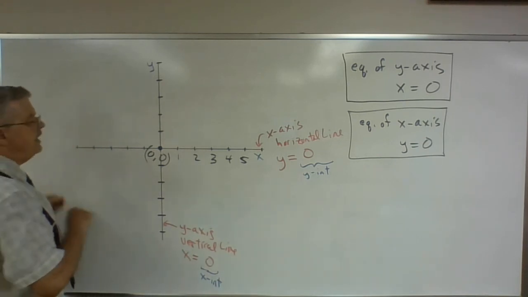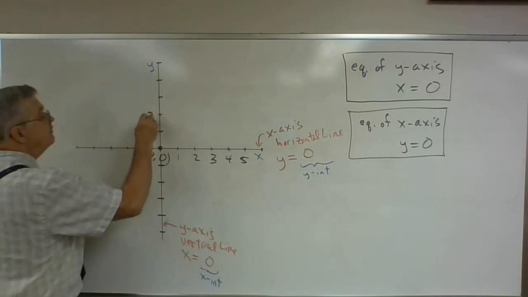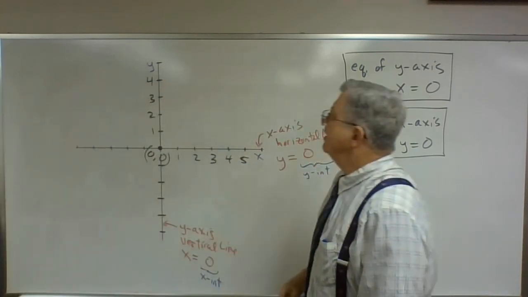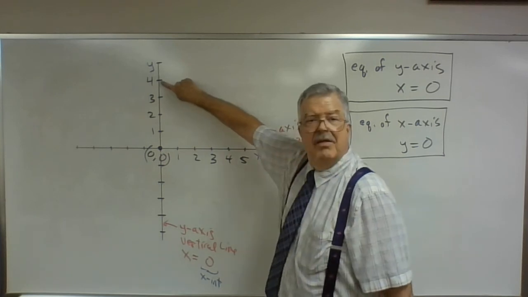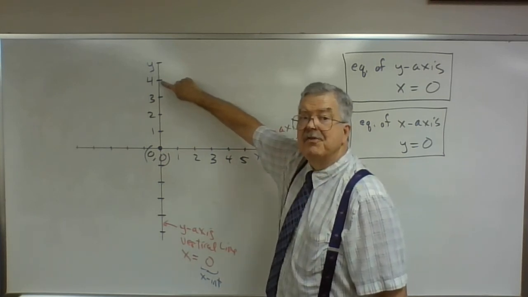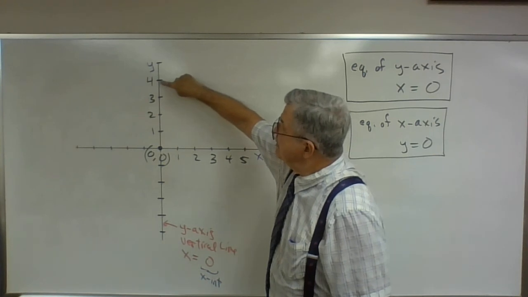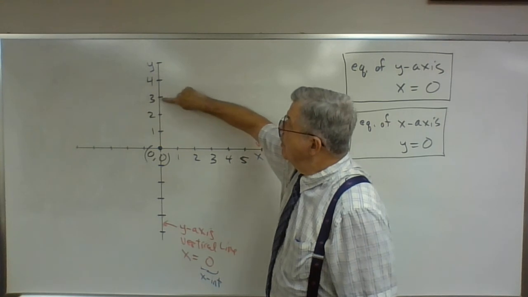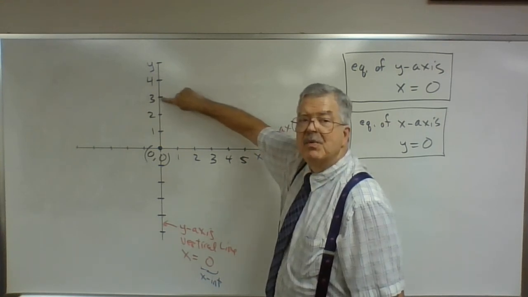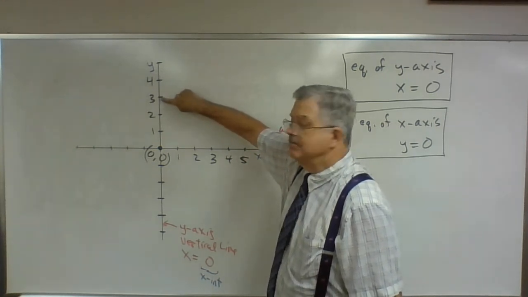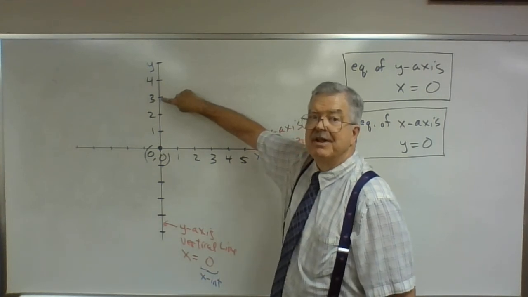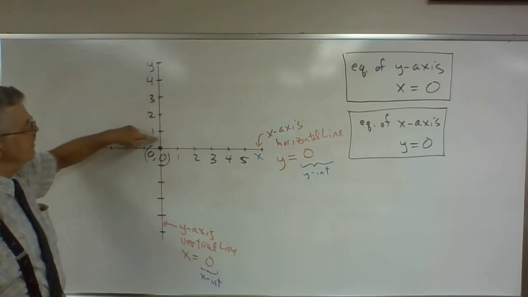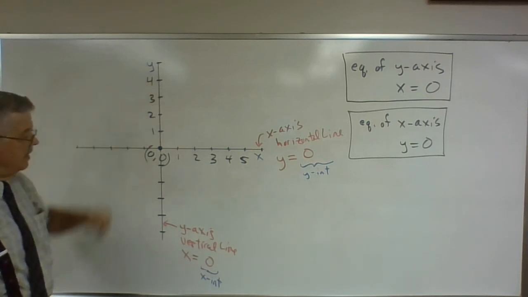And we can do the same exact thing with the y-axis. That point, the y coordinate is 4. What's the x coordinate of this point? It's 0, isn't it? The y coordinate of this point is 3. What's the x coordinate of this point? It's 0 again, isn't it? The x coordinate of every point on this line, the y-axis, is 0.